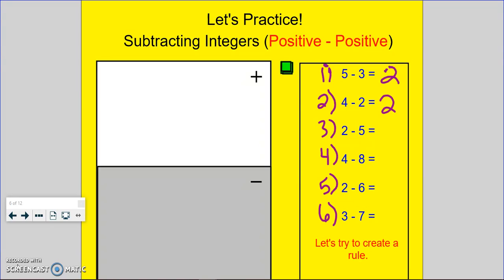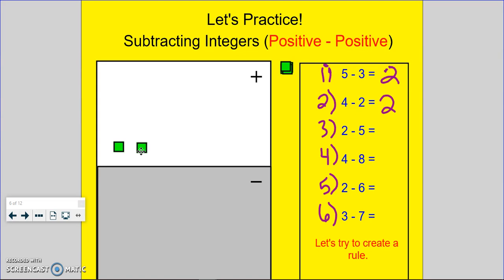Alright, so for number 3, I have 2 minus 5. Now you cannot just reverse that and do 5 minus 2. Okay, I have 2 and I have to take away 5. So I need to start with my positive 2, my 2 cubes on the positive side of my mat. Now I do not have 5 cubes that I can circle to show that I'm taking them away. So this is where those 0 pairs are really going to come into play with subtraction.